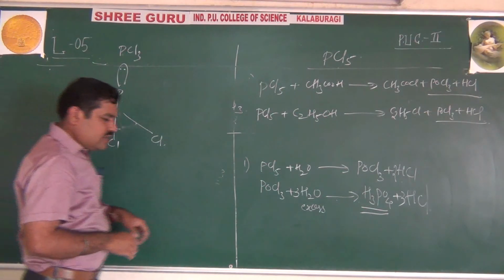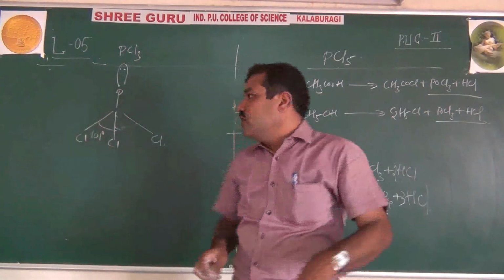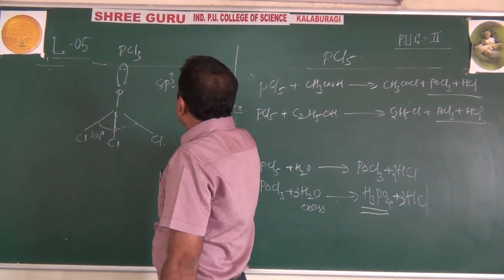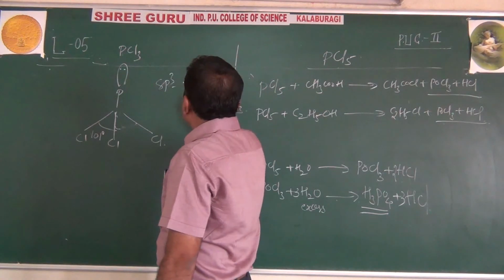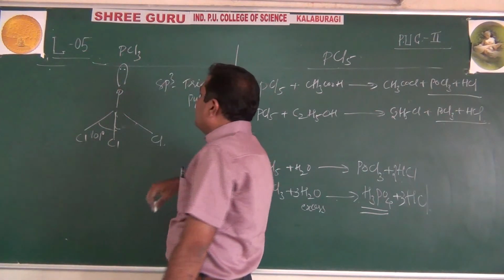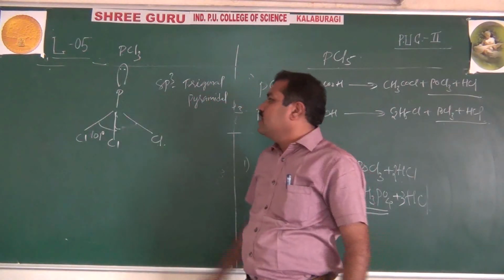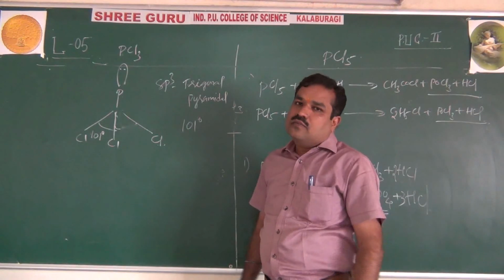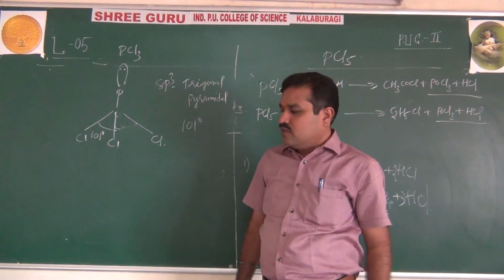There it is 92, here it is 101 degrees. It is sp3, trigonal pyramidal, or just pyramidal, with a bond angle of 101 degrees. Very important for you. Right, that's about PCl3.